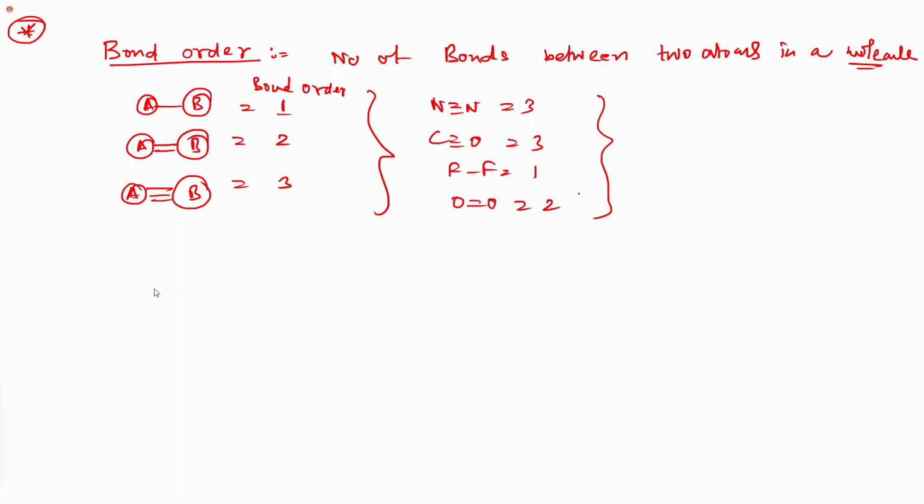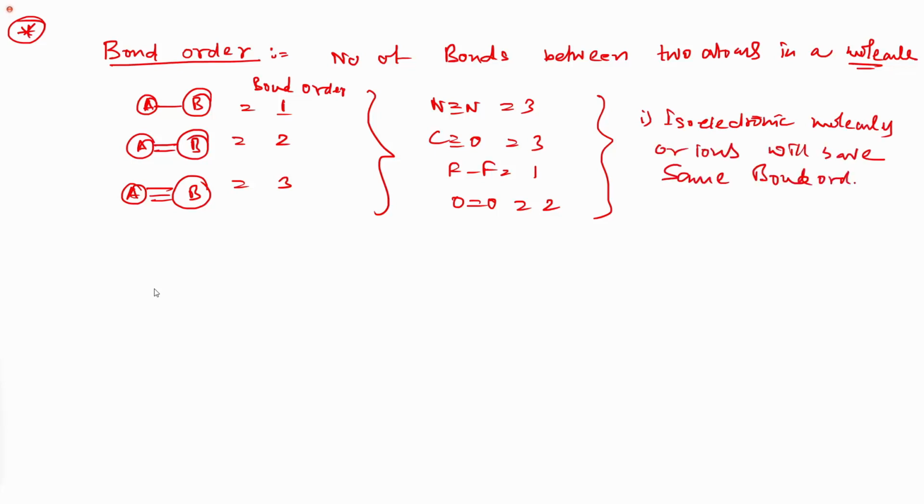Now there is one point: isoelectronic molecules and ions will have identical bond order. Like F2 and O2 2-: whatever electrons F2 has, O2 2- also has the same number of electrons.